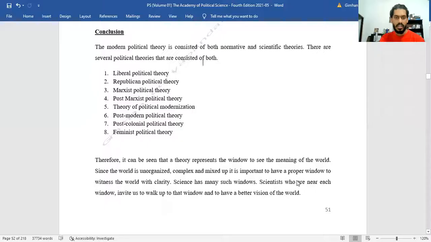Now, based on these theories, people develop political institutions. Before moving on to the details of political institutions, we need to be familiar with what political institutions are. So let's take a look at the note here.